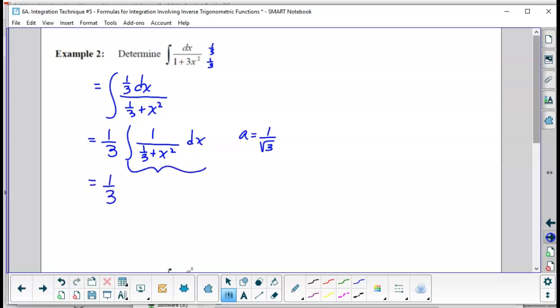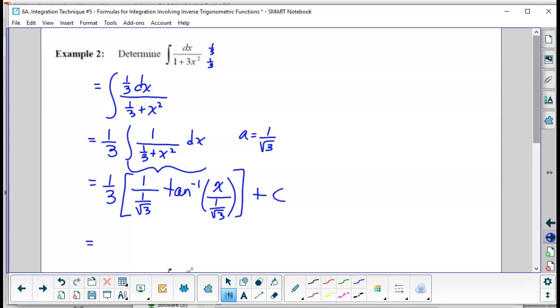This part here then, in that formula, says it's going to be 1 over A. You can see why. Don't rationalize it too soon. Maybe it'll simplify. And then tan inverse of x, whatever variable, over A. So when we do that, that ends up 1/3 root 3 tan inverse of root 3x.